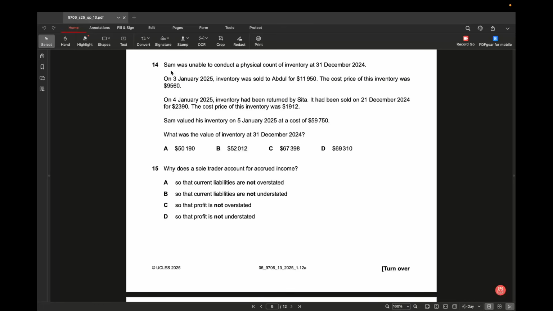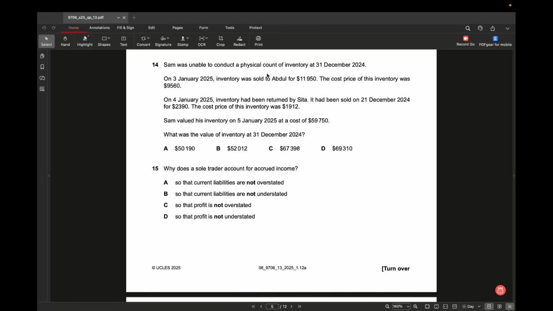Question 14. Sam was unable to conduct a physical count of inventory at 31st December 2024. On 3rd January 2025, inventory was sold to Abdul for 11,950. The cost price of this inventory was 9,560.